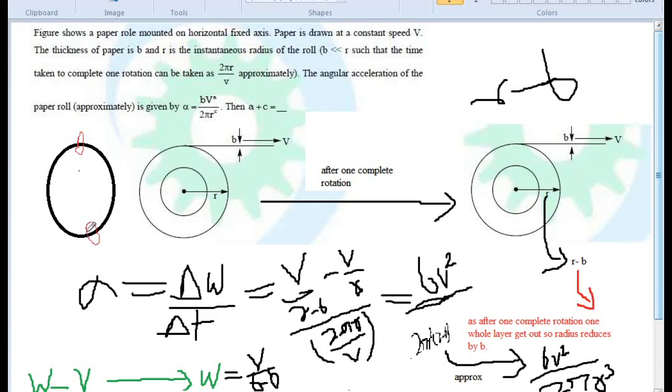Now when this will complete the whole rotation, all these parts in front of it will have some extra layer, because once this part gets layer removed, the region behind it will also get the layer removed.